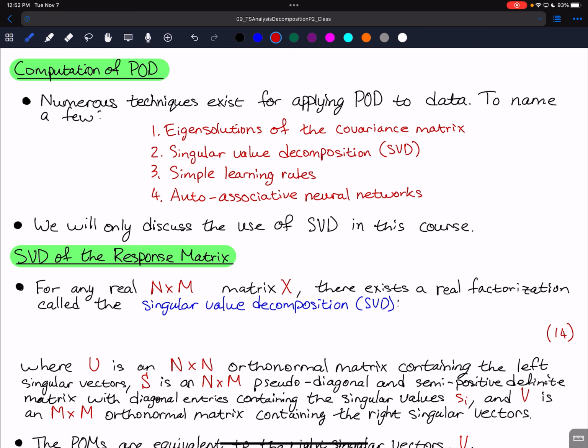When that happens in MATLAB, you add a condition called econ, and it does it in a different way that uses less memory. My point is that in general, SVD is easy, and modern computers can handle it. And when you can't, there are alternative algorithms already implemented into the SVD code for you to use.